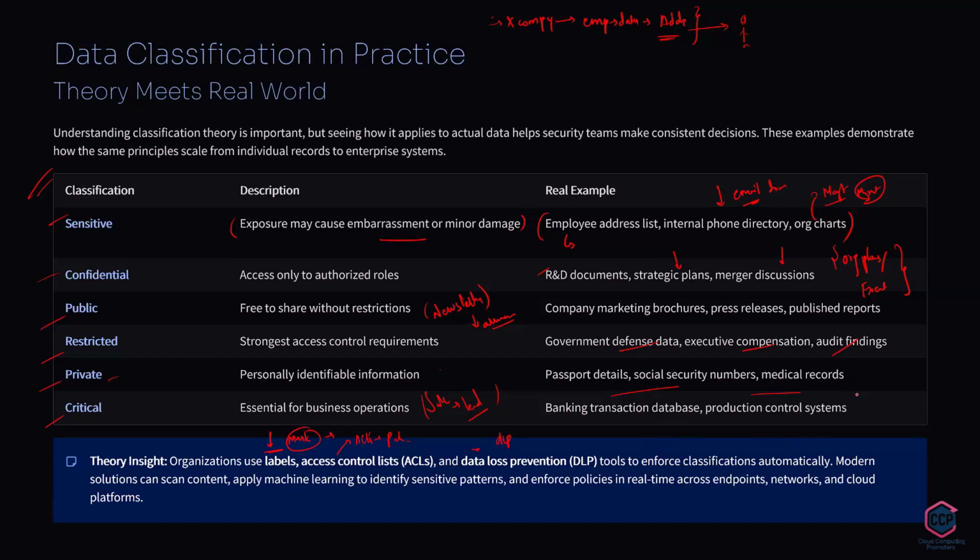And there are solutions that scan content and apply machine learning, where nowadays machine learning and artificial intelligence are coming into the picture, identifying patterns and automatically enforcing policies. We have examples like Azure Sentinel and MS Defender, which are paid versions from Microsoft.